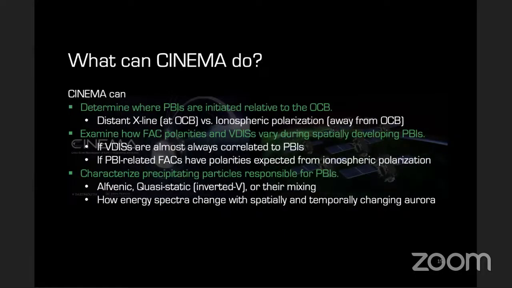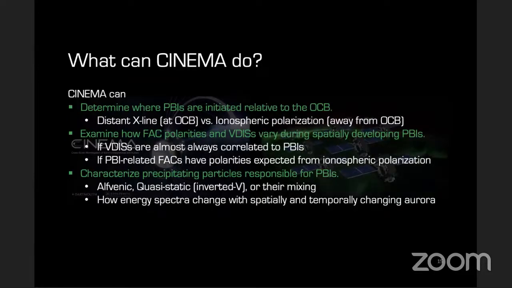As CINEMA has both optical and particle instruments, CINEMA can give a lot of chances to determine where PBI initiated relative to the open-closed boundary. That will help understanding of whether PBIs are visible manifestation of distant reconnection process or ionosphere polarization process.